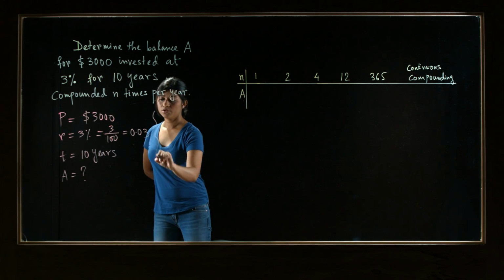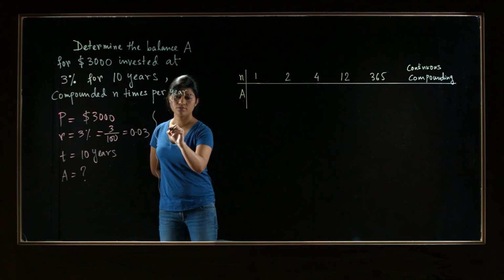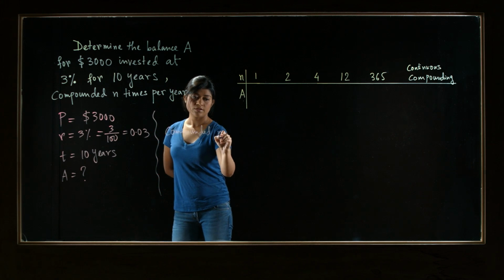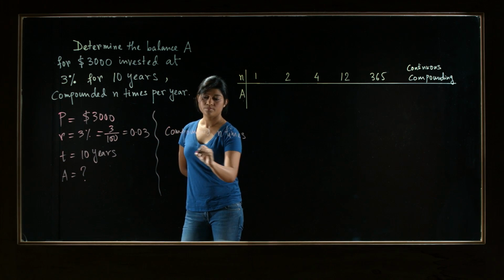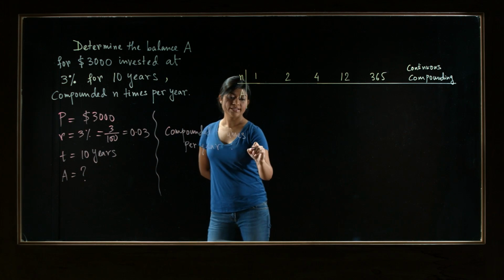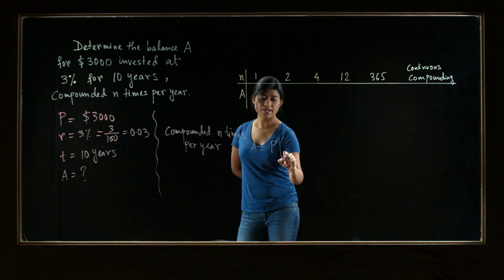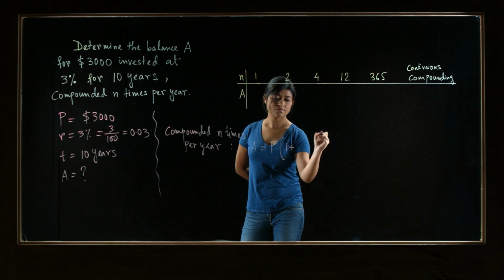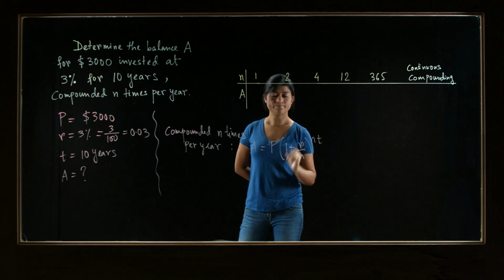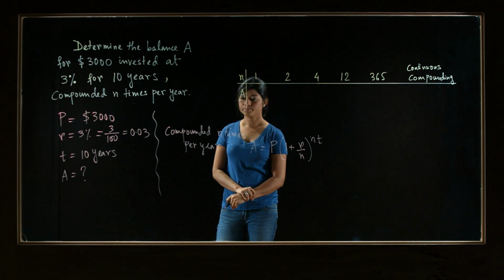Okay? So when you are compounding n times per year, in that case, the balance is determined by P times (1 plus R over n) to the power nt, where we know what P, R, n, and t are.